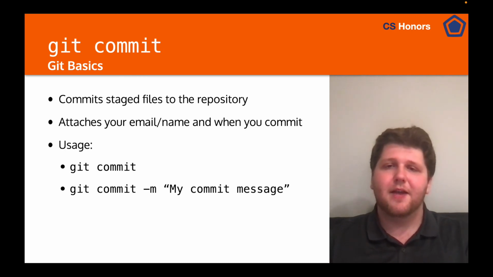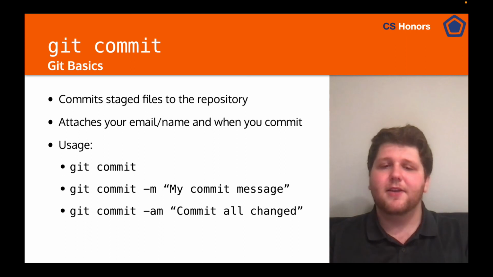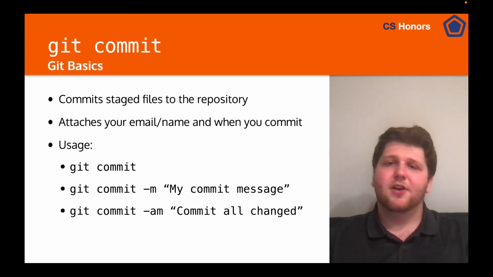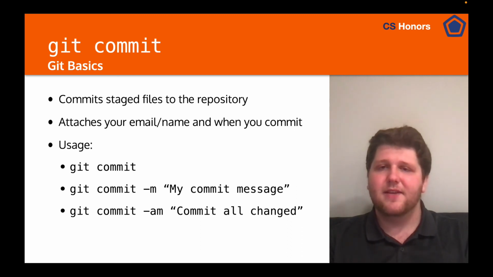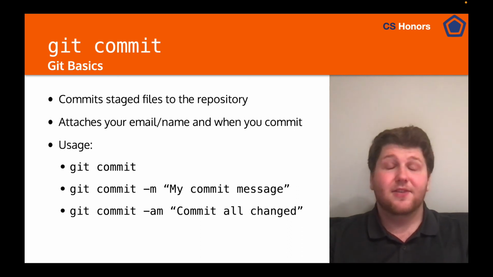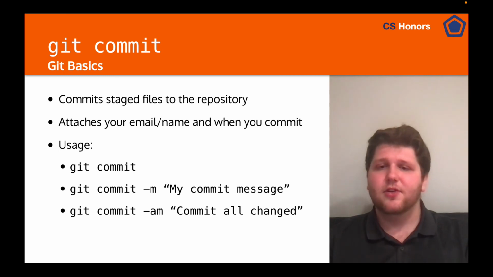This is usually what I would use: git commit -m, and then I put whatever message I need in quotations. And then finally, you can also use git commit -am to commit all changed files, right? You don't have to do git add if you use the -a flag, and confusingly, it will actually do git add -u and then run git commit -m with your commit message just like before.